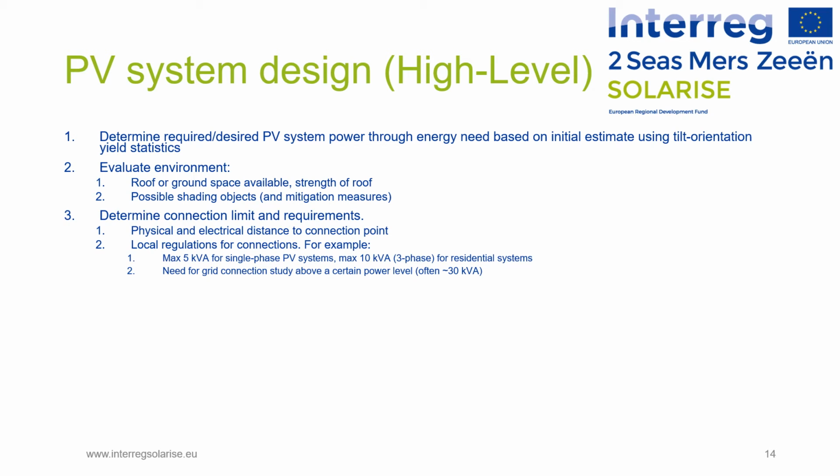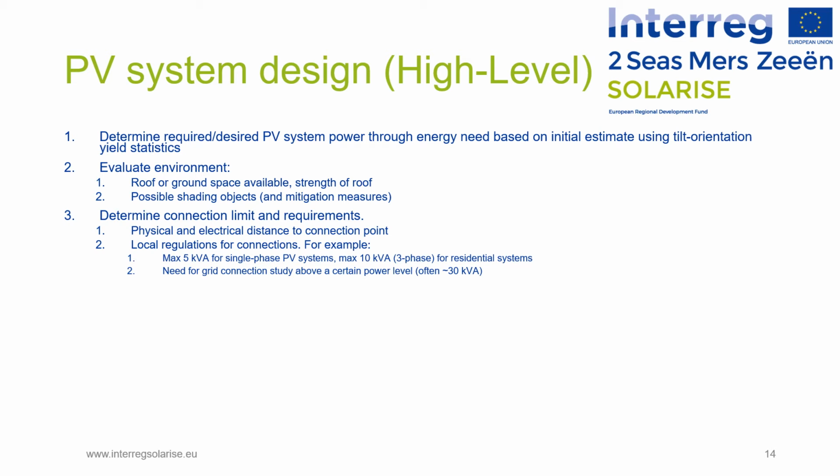You then look at the connection limits and requirements associated with that. For example, the physical and electrical distance to a connection point and local regulations for connections. For example, for single-phase PV systems, the maximum allowed power is typically 5 kVA or 5 kilowatts, whereas 10 kilowatts on three-phase systems is allowed.